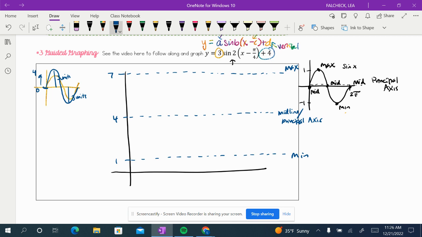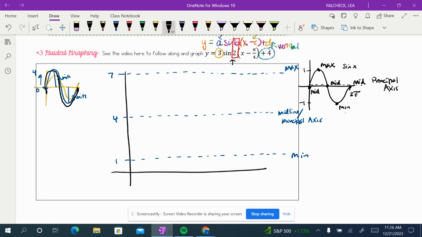Which actually brings me to my next point. Let's talk about the period. So this B here is probably unfamiliar to you, but he affects the period of the curve, right? So here, this is starting at 0 and ending here at 2 pi in this untransformed sine curve. So his period is the time that it takes to complete one full cycle, okay?